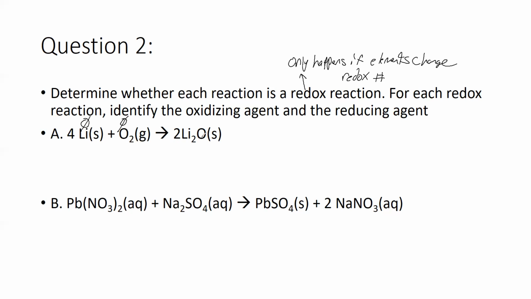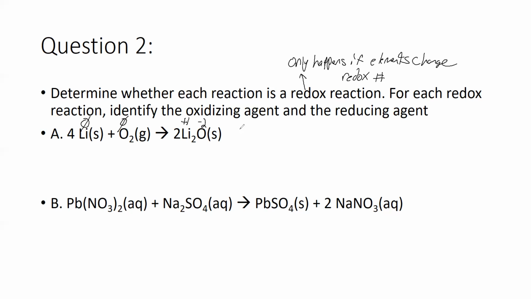Okay, now we have lithium oxide. Overall, there is no charge in this compound, so all the oxidation numbers have to equal 0. Our rules state, if you are in column 1, your oxidation number is +1. Our rules also state if you're oxygen in a compound, you're going to be -2.